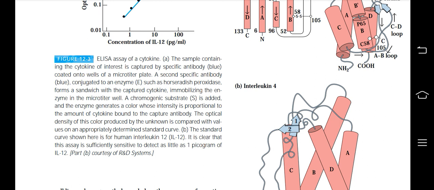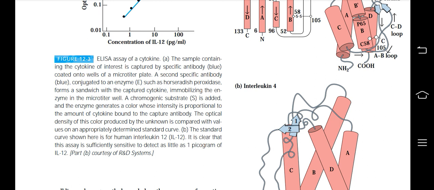A second specific antibody conjugated to an enzyme E, such as horseradish peroxidase, forms a sandwich with the captured cytokine, immobilizing the enzyme in the microtiter well. A chromogenic substrate S is added, and the enzyme generates a color whose intensity is proportional to the amount of cytokine bound to the capture antibody.